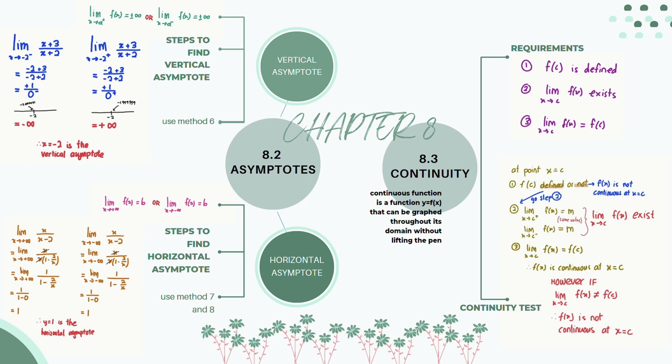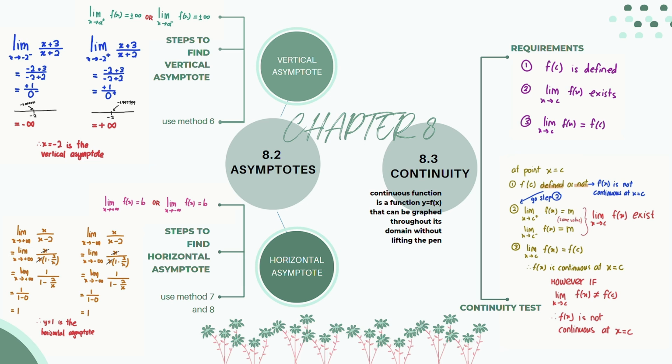Hence, once we get the limit x approaching positive infinity and negative infinity to be equal to the same value, that is 1 or b, we can know that the value of b or y equal to 1 is the horizontal asymptote.